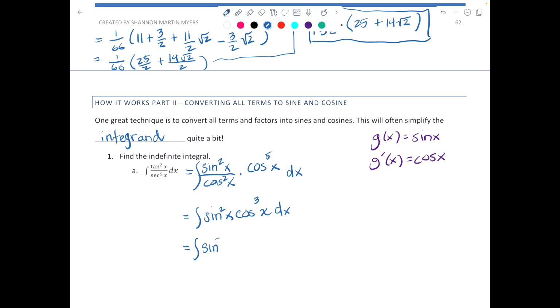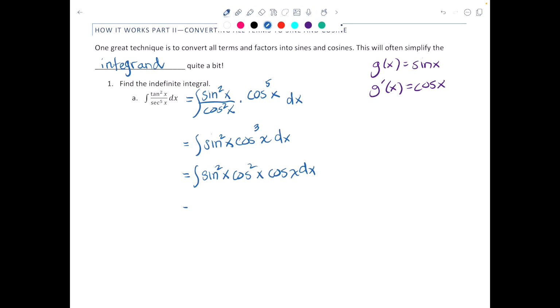We'll have sine squared at x times cosine squared at x times cosine at x with respect to x. I'm going to write the sine at x in parentheses so we don't mix up which one we want to have as a composite function there. And then rewrite our cosine squared function as 1 minus sine squared at x. And then we still have that other factor of cosine at x waiting in the wings.